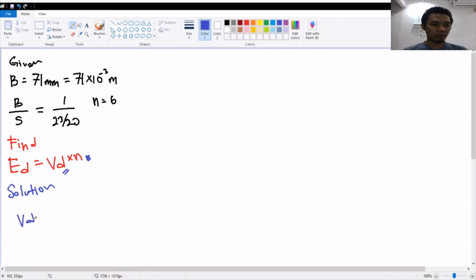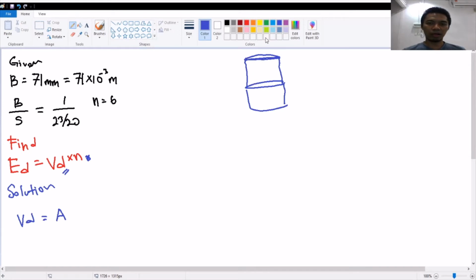So solution. The normal equation for VD is the top area of the piston. This is your piston. At the top you have a cylinder where your piston moves reciprocally.